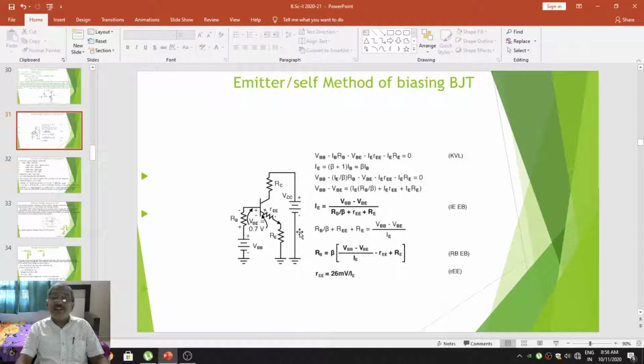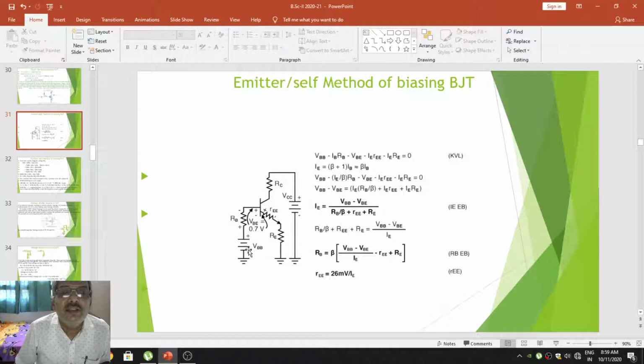This circuit is same as the previous circuit because the only difference is that here we have used two supplies, one is VCC and the second one is VBB, just for the purpose of our analysis. Otherwise this circuit is same. It includes the resistance RC, RB, VBB has the same magnitude as VCC, RE is the emitter resistance, and small re is the internal emitter resistance which is represented here for our understanding.